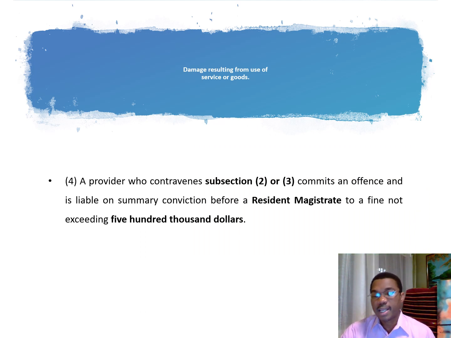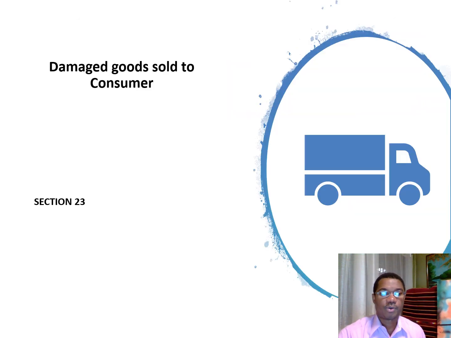So if the provider fails to rectify and remedy the situation, fails to compensate the consumer in a timely manner, or fails to offer them some alternative product that is satisfactory, then as we can see here, upon summary conviction they will be fined not exceeding $500,000.